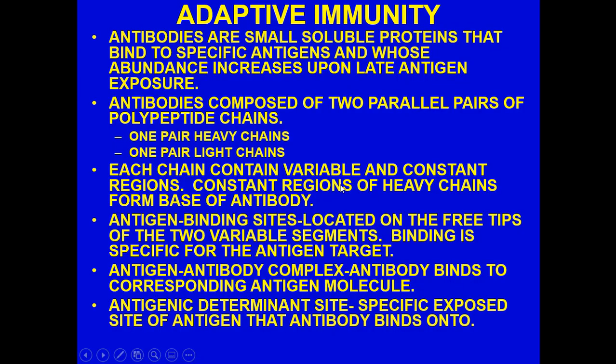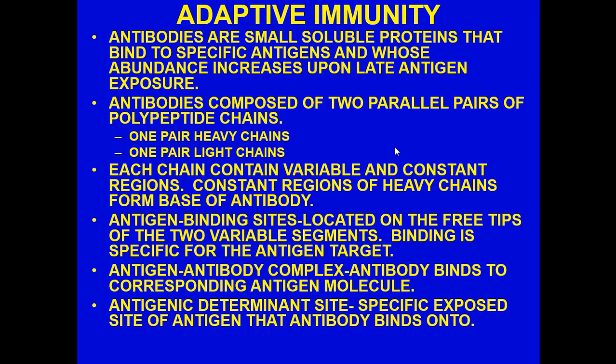Now, let's talk about antibodies for a few minutes. Not much, but it's important. Antibodies are small, soluble proteins. What I mean by that, they dissolve and they will be in a watery environment, etc. And they bind to specific antigens, and the abundance increases upon late antigen exposure. Keep that in mind when we talk about booster shots, okay?